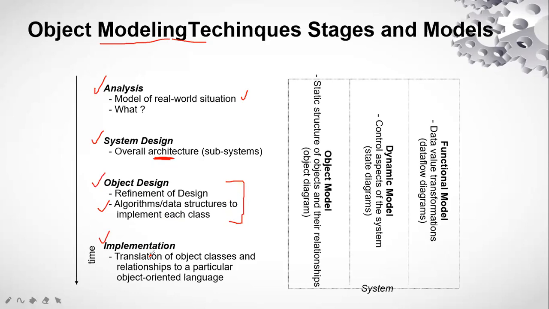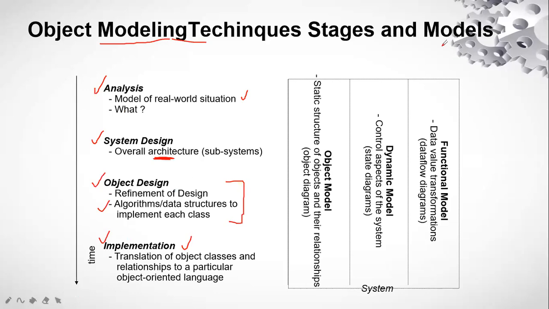And lastly comes the implementation phase. We all know what implementation is. Implementation is when we are translating all the objects, classes and relationships into a particular object-oriented language. That particular translation into a language is called the implementation part, right?